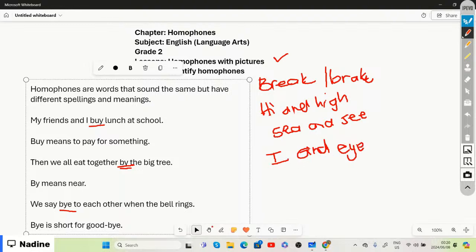So the first word I is referring to myself, like I am 9 years old, I am 10 years old. And then the second word eye is the eyes in your face.